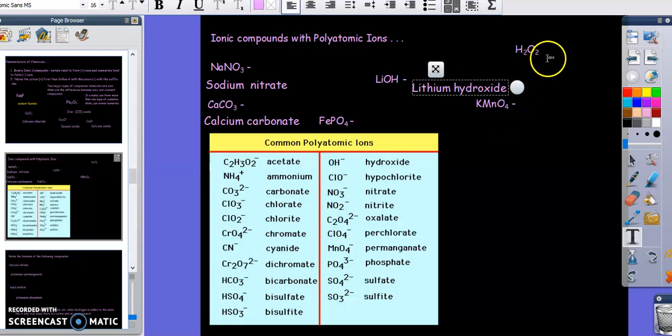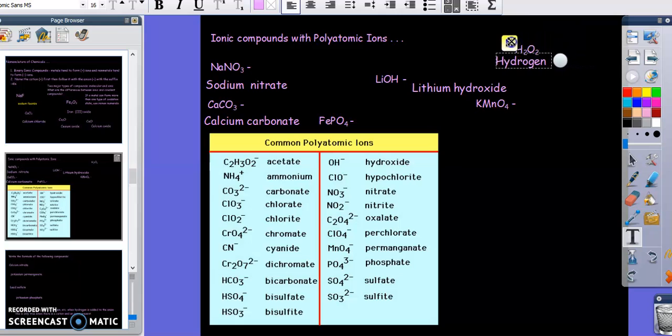Okay, let's try to name this one here. I'm going to name the first element. The first element's name is hydrogen. And I'm looking at my list, and I don't see this one on the list, so I ended up venturing out to some site on the web.